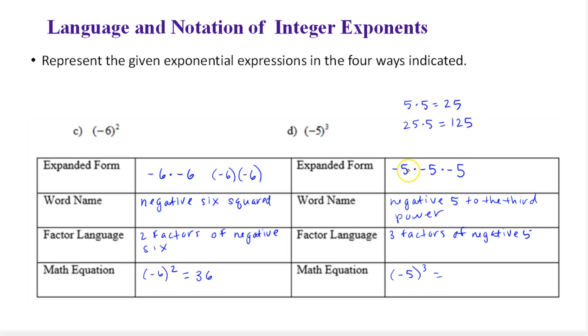Okay, and the negative times a negative is a positive, and then when we multiply by another negative, it's negative. So here, let's write this. Negative 5 times negative 5 is positive 25. Then we're really multiplying the positive 25 times a negative 5, which is negative 125.